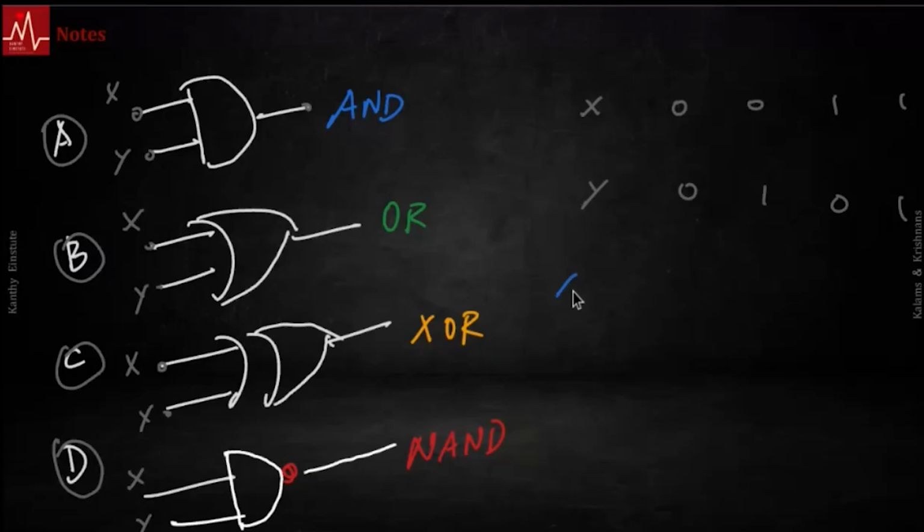You have X AND Y. You have X OR Y. And then NAND, just take that, NAND XY, you put a complement to that. Or flip this table.